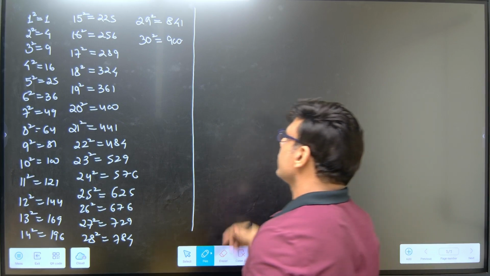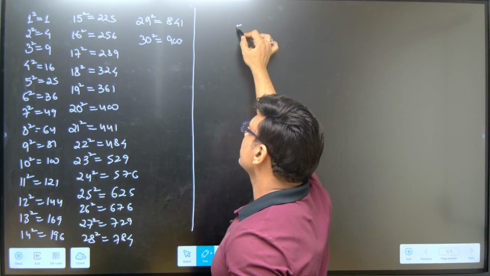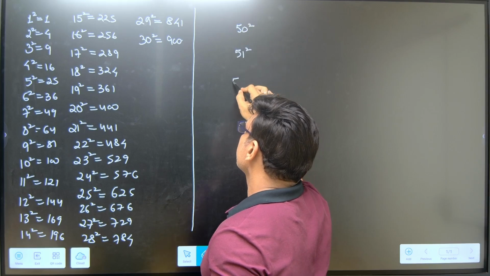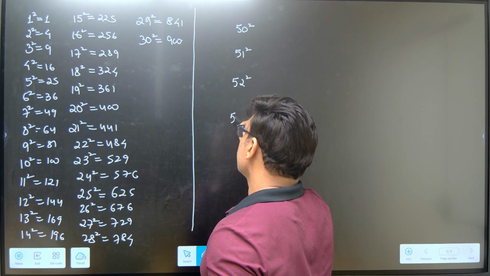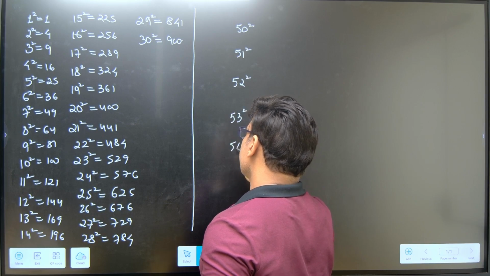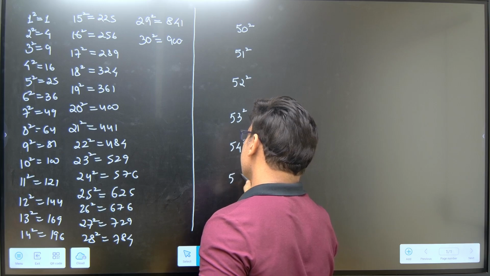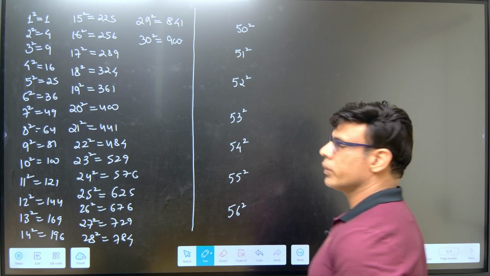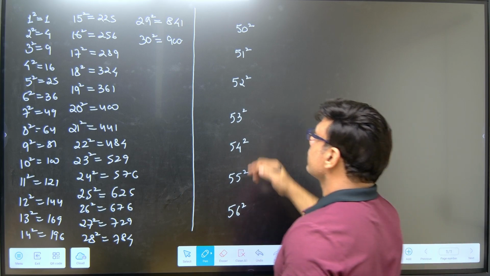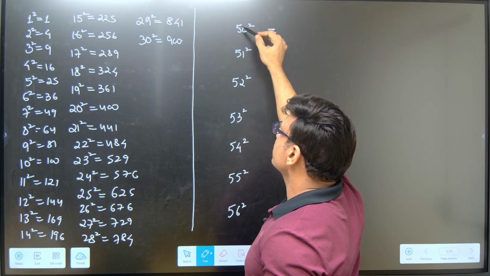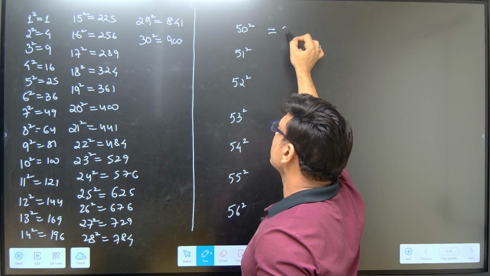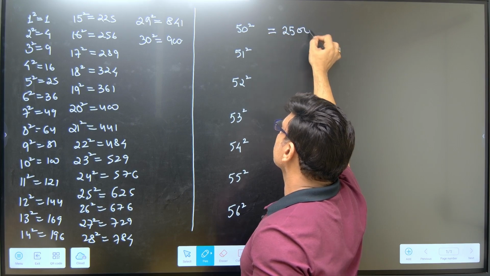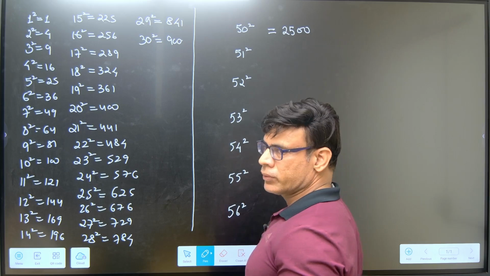Now suppose you want to find any square from 50 onward, like 50 square, 51 square, 52 square and so on. Here you first pick the 5 and square it. 5 square is 25, and then 0 square is double zero.